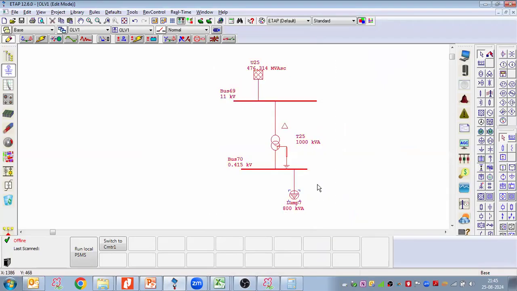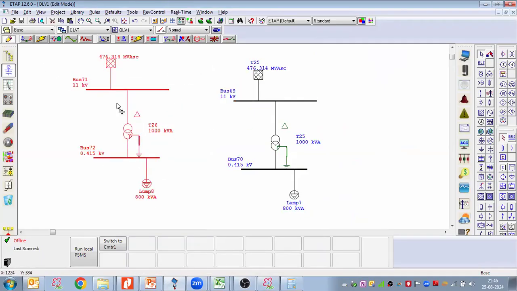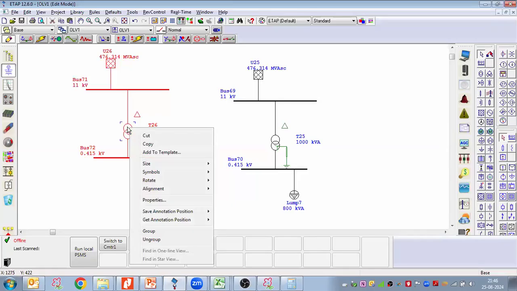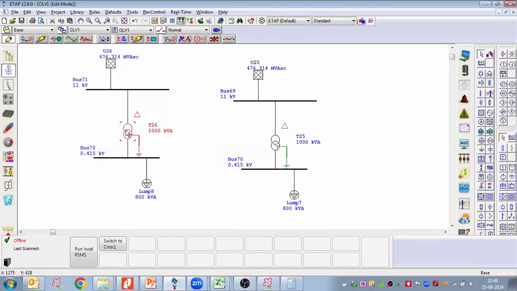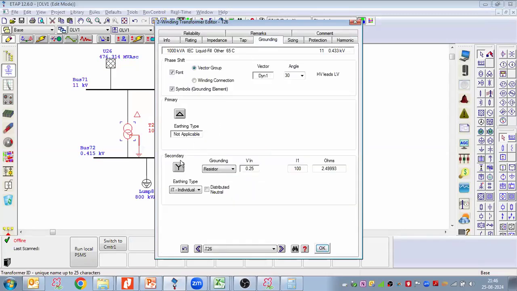Or I can do one thing if I'm not clear. I take Control C and then move from here, put here, and then here, like ungroup, click here, grounding, star, taking solid, click OK.